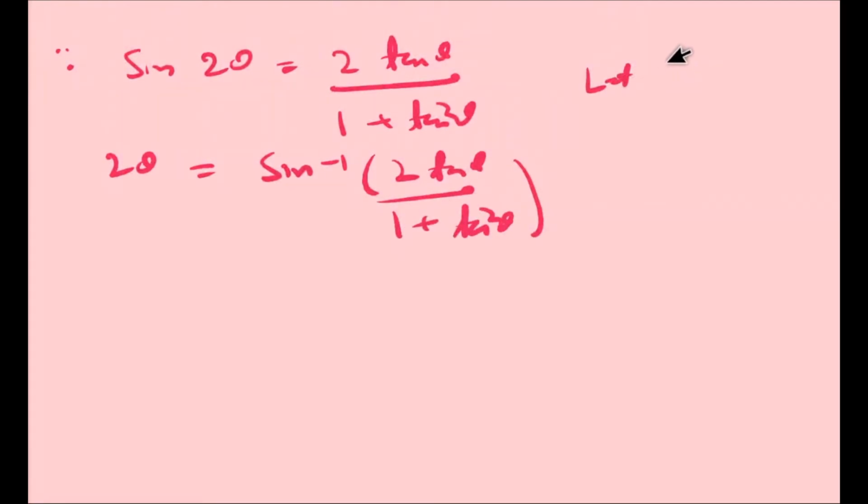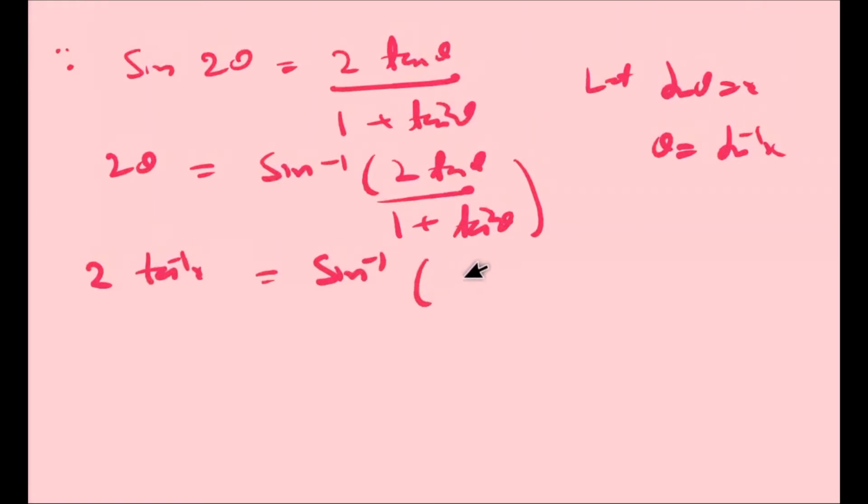Let again tan θ equal x, therefore θ equals tan⁻¹ x. Then the 2 tan⁻¹ x formula we can also use in the sin inverse form: 2x upon 1 plus x². This is the basic formula, you have to learn it.